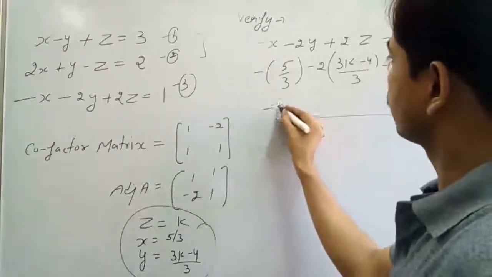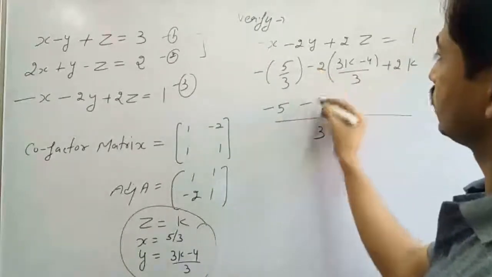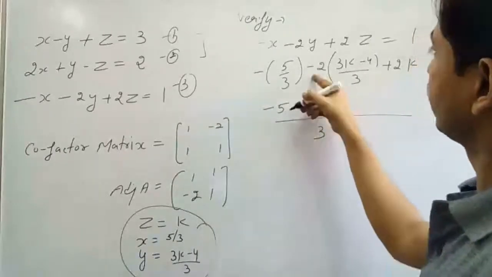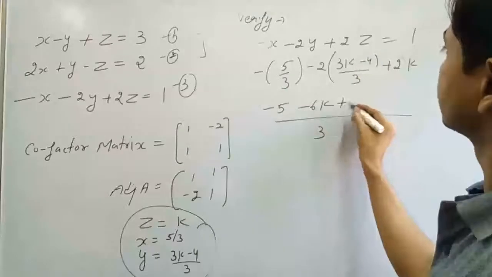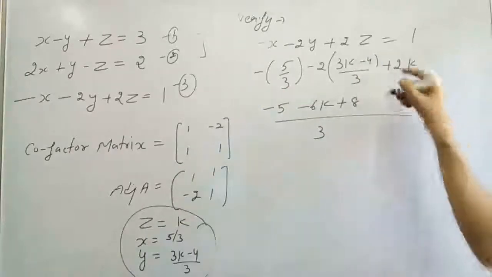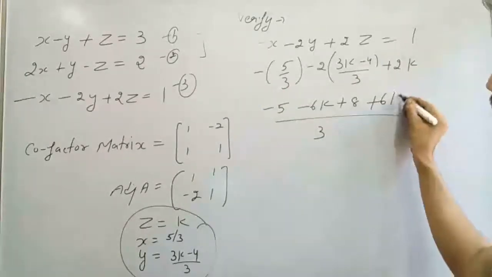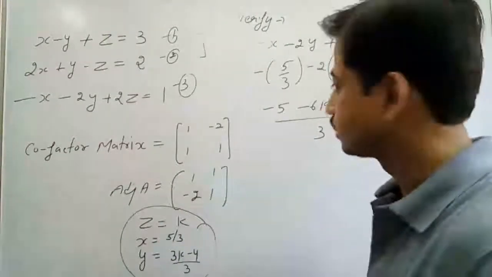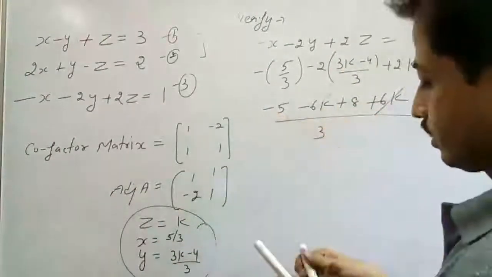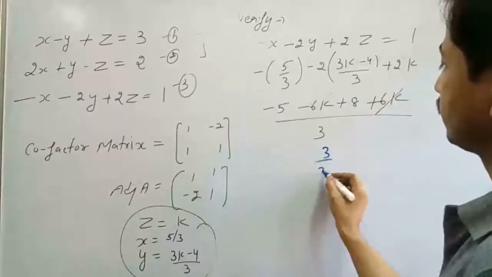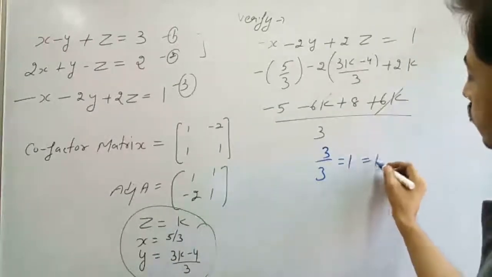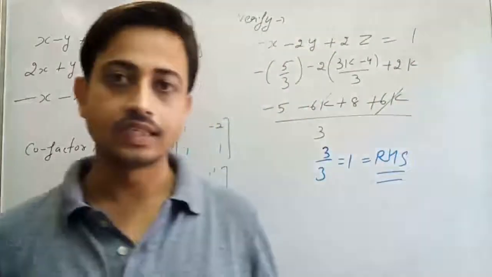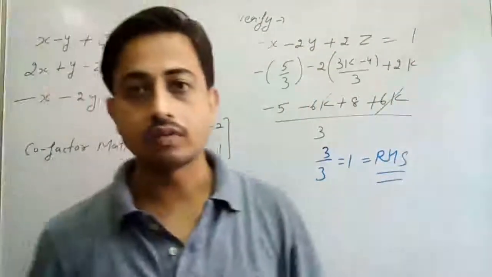So we get minus 5, minus 2 into 3K we get minus 6K, minus 2 into minus 4 we get plus 8, 3 into 2K we get 6K. Now 6K cancels out with 6K, minus 5 plus 8 we get 3 by 3, which is equal to 1, which is equal to our right hand side. So this is the last step that you have to do, verify.